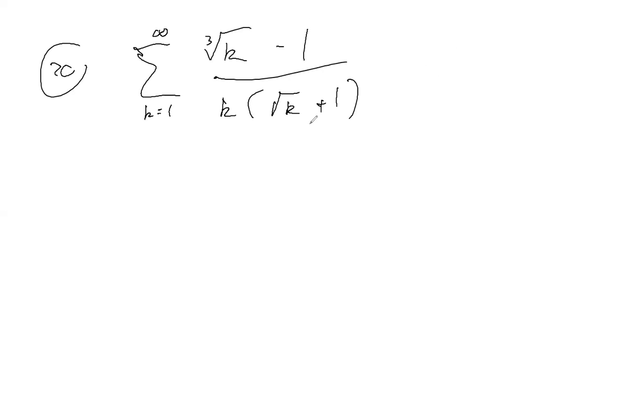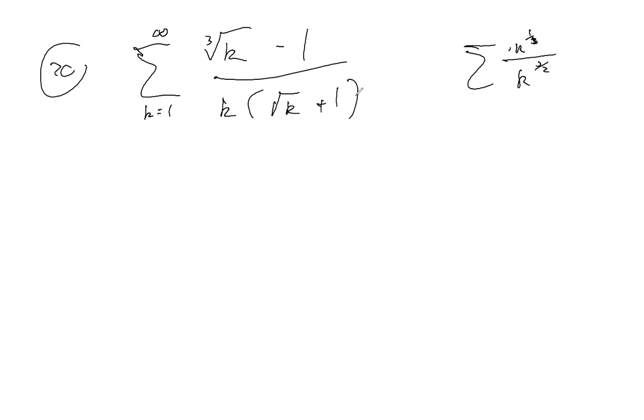So let's see, if I only had the most important stuff, what would that series look like? Well, k to the cube root, that'd be same thing as k to the 1/3, right? And then what about on the bottom? I got k times square root of k. That's basically k to the 3/2 if I ignore that 1 there.